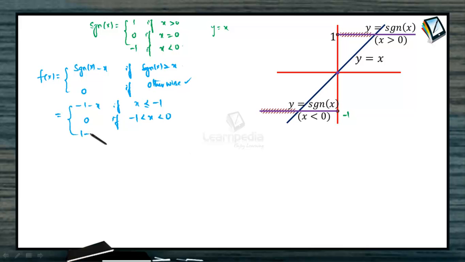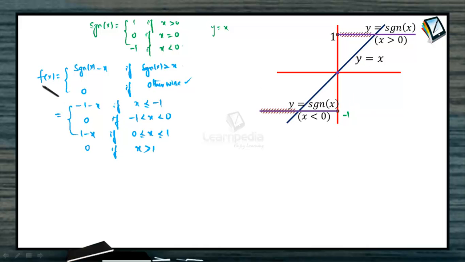It would be 1 minus x if x lies between 0 and 1, and it is 0 if x is greater than 1. After 1 it would be 0 because signum function of x minus x would become negative, as x is more than signum x.